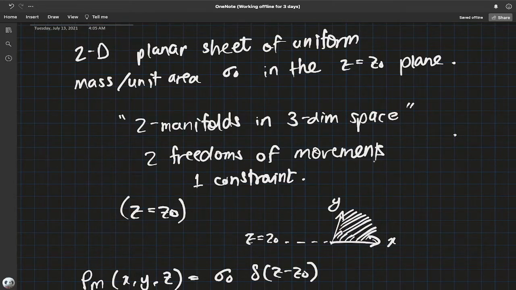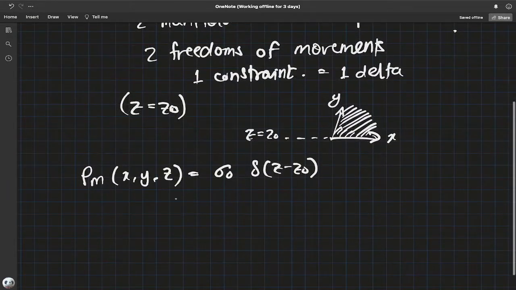So we needed three deltas. In this case, we have one constraint, so we need one delta. The number of constraints is equal to the number of Dirac deltas you need to fabricate this density function.